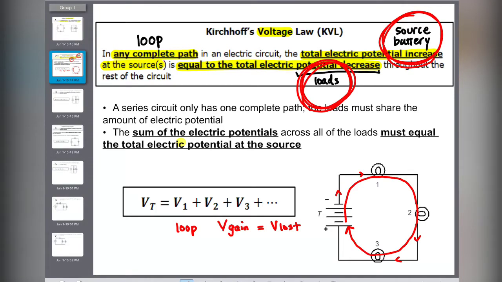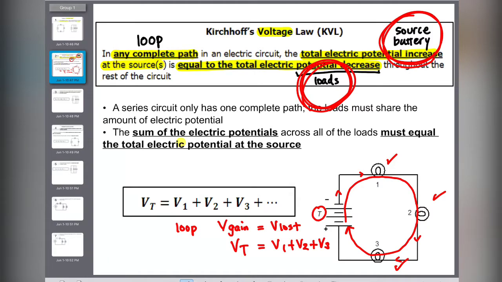Only one of them, and the name of the battery is VT. So the voltage total is the only gain that we have. And how many losses would it go through? It would go through loads 1, 2, and 3. So it's V1 plus V2 plus V3.